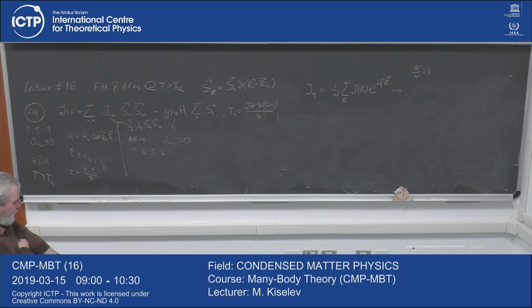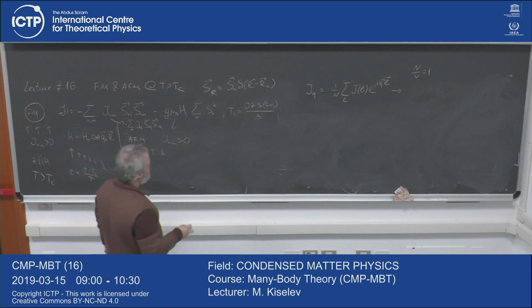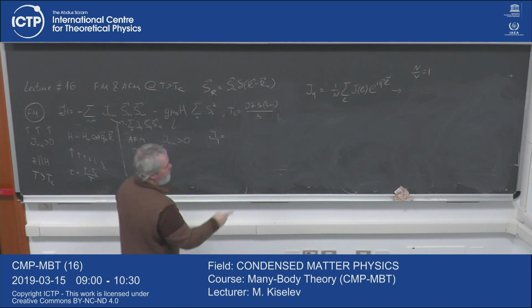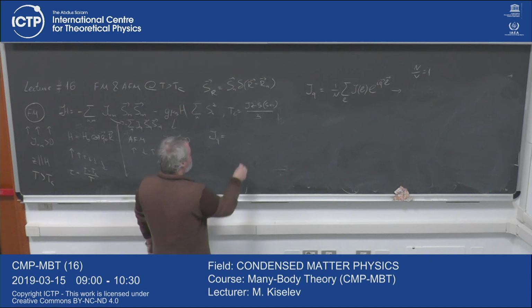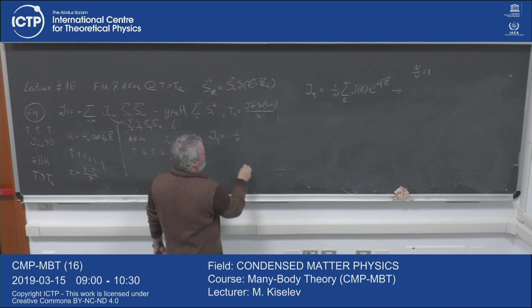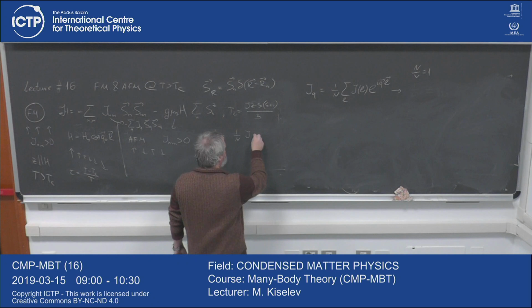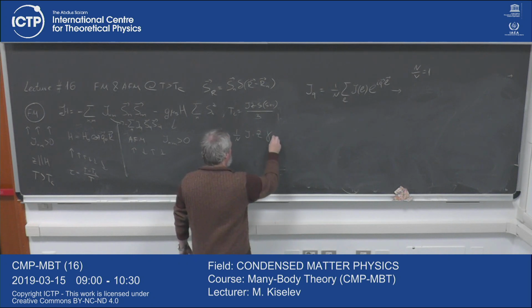Well, if I do the very same thing, I may write down that G(Q) is equal to 1 over n times Z times gamma(Q).